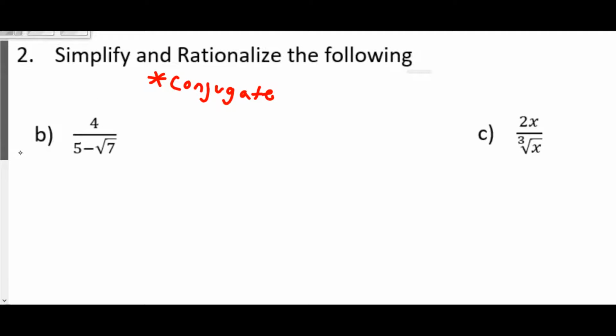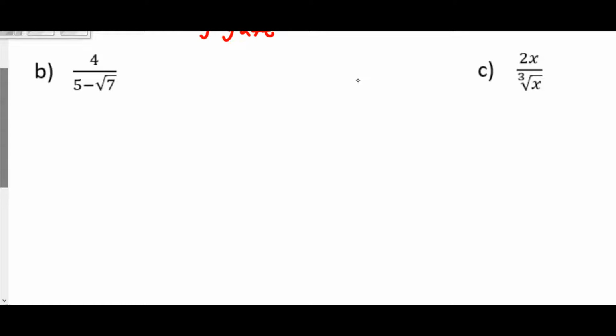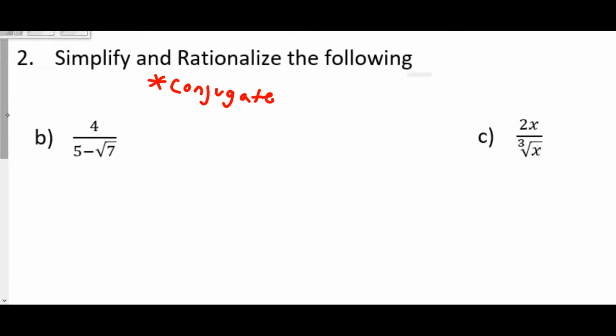So now we're going to rationalize 2x over the cubed root of x. Since we're rationalizing a cubed root instead of a square root, we can't just multiply by the denominator and move on. It's a little different, and here's why. Let's say we'll rationalize something that's like 1 over rad x.